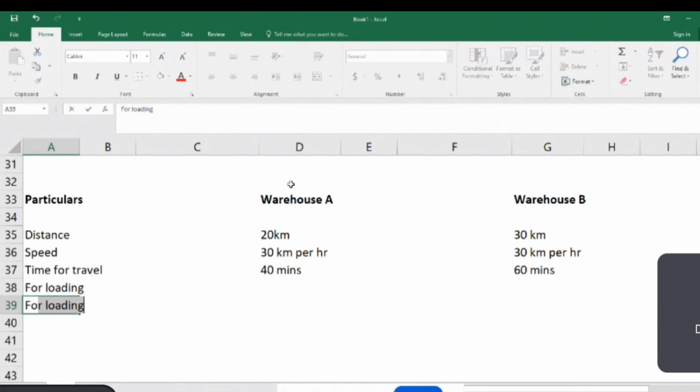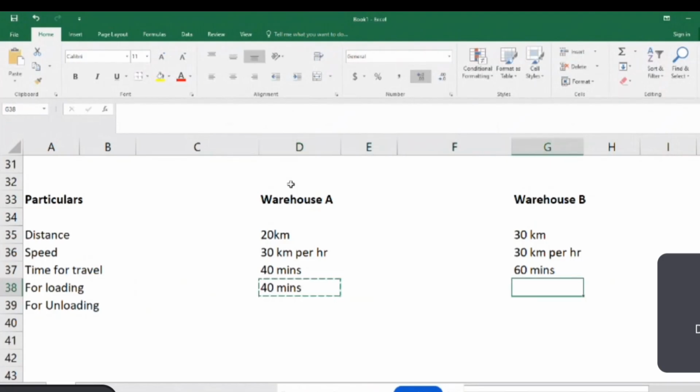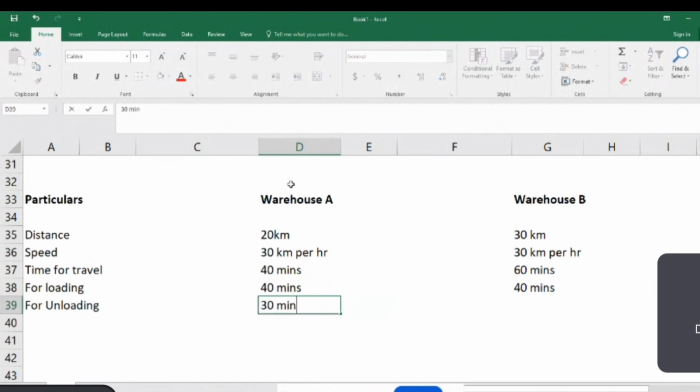For loading it takes 40 minutes. For unloading it takes 30 minutes at warehouse A. Whatever is given in the question, I am just writing those things. So total time taken.